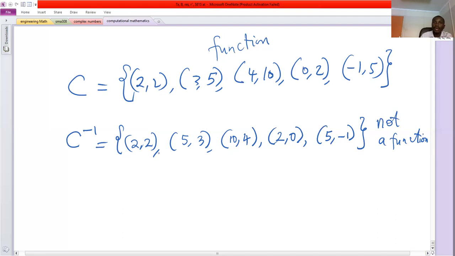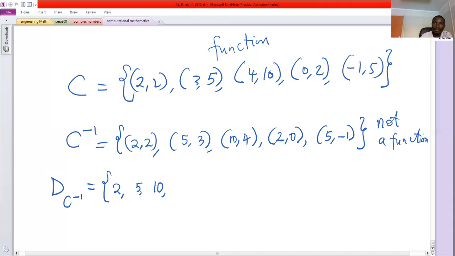2, 2 and 2, 0 are different. So this can also be another reason why this inverse relation is not a function. So you can see there's a possibility of the relation being a function and its inverse not being a function. The domain of this inverse relation will be 2, 5, 10.